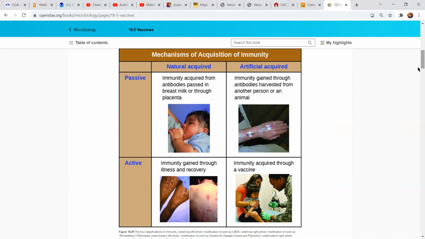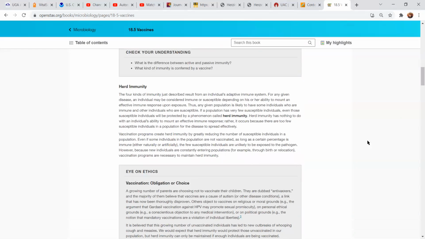Now, if we look at chickenpox immunity, it's artificial active because children are receiving the vaccine against the chickenpox virus, the varicella zoster virus. So it's artificial in that it's in a vaccine, but it's active because once the body is exposed to that pathogen, to that virus, it produces its own antibodies.